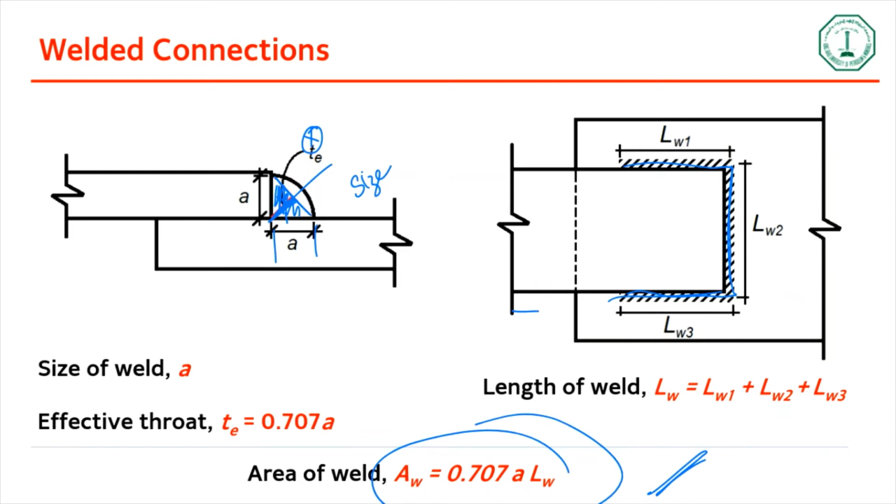So the total area that is available to transfer the loads through shear is called the area of the weld. So it is simply the effective throat times the total length of the weld. This is what we call the area of the weld.